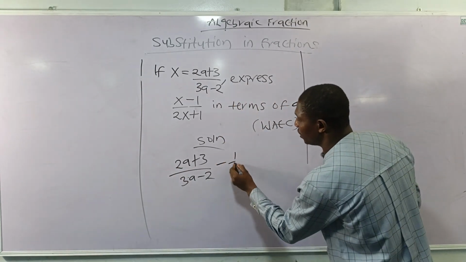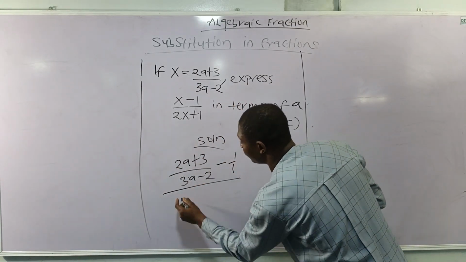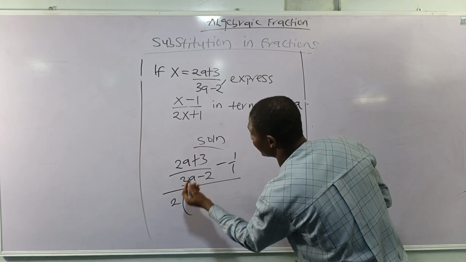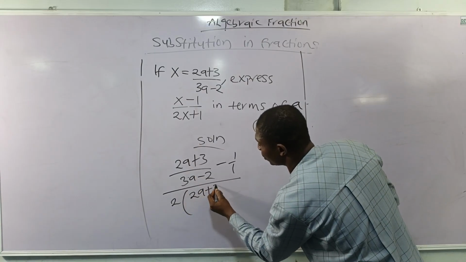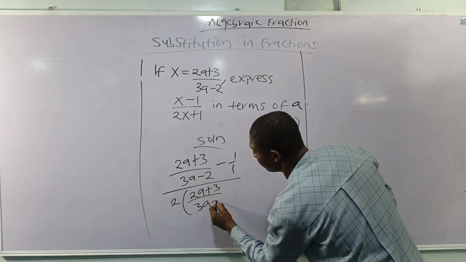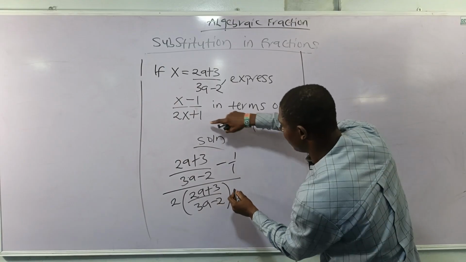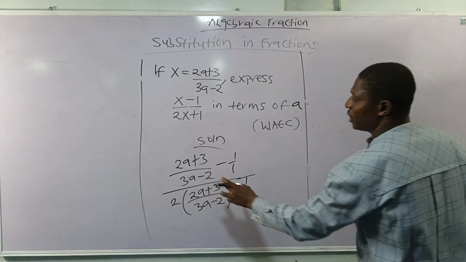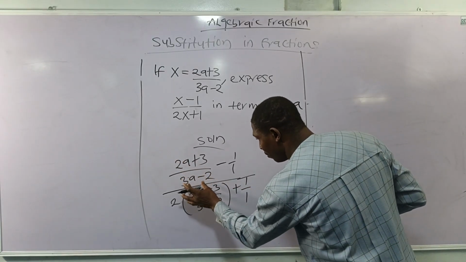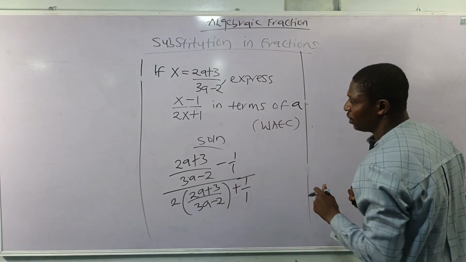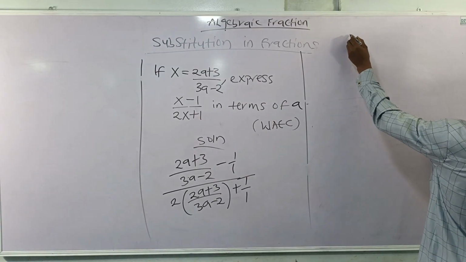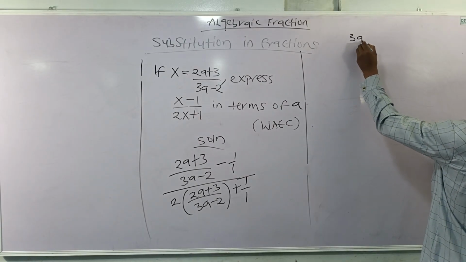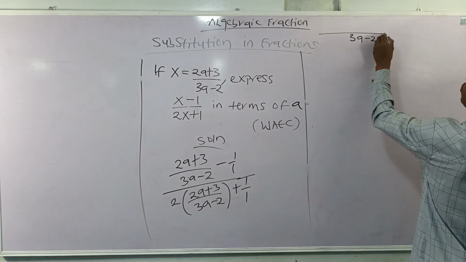So let's start. In place of X, let's assume I've put this already. I have my minus 1, which can be over 1, all over 2 bracket, the value of X, which is 2A plus 3 all over 3A minus 2, close bracket. This can be plus 1 over 1. Now, we can see that we can take our LCM of 3A minus 2 and 1, which will give me 3A minus 2 all over.